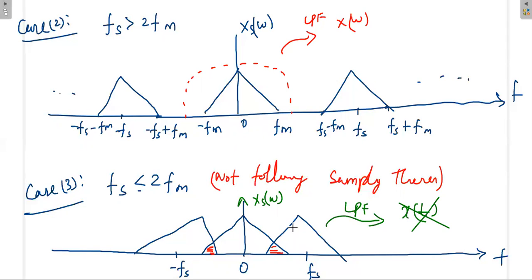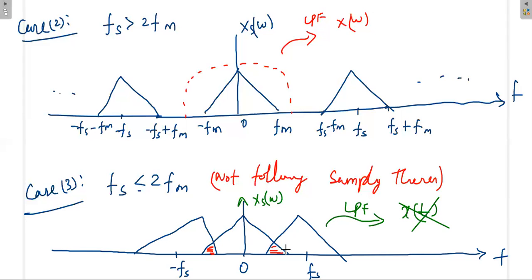This is due to the overlapping of the high frequency of the first version with the low frequency of the second version. These are all copies only. Because of this collapsing, we cannot get the original spectrum, so we cannot get the original signal.